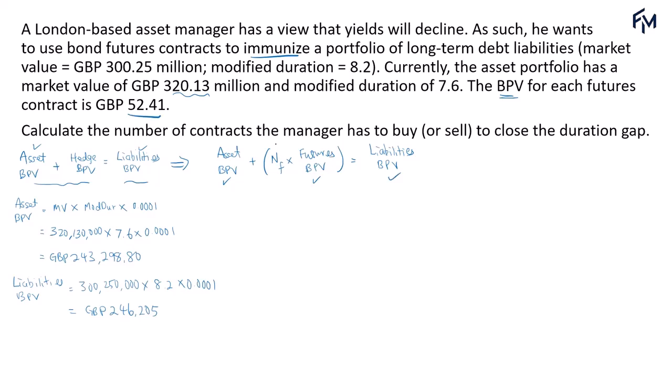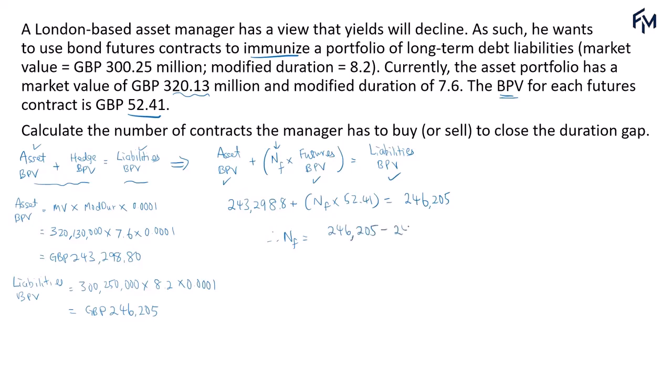So now we just need to calculate the number of futures contracts needed. I'll just substitute the values in. So this will be 243,298.8 plus the number of futures contracts times 52.41, and this equals 246,205.